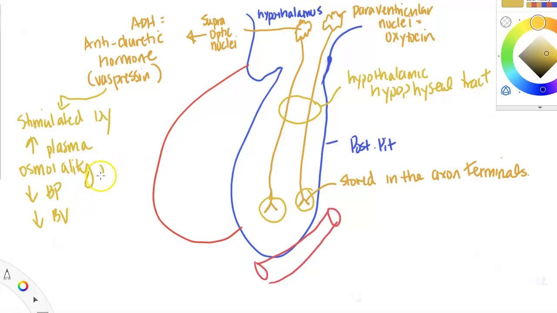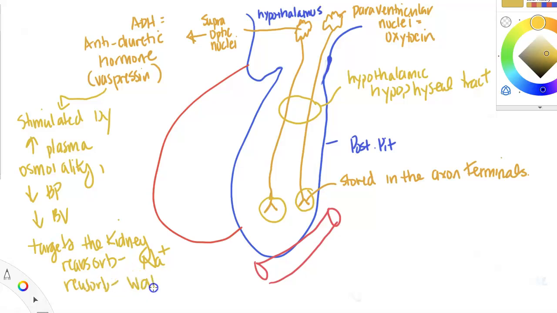And what it does is it targets the kidney and the distal tubules, the tubules in the kidney, and it tells those tubules to reabsorb salt and thus reabsorb water.